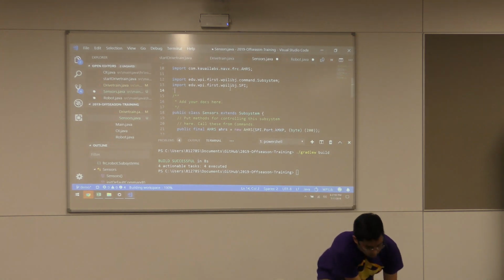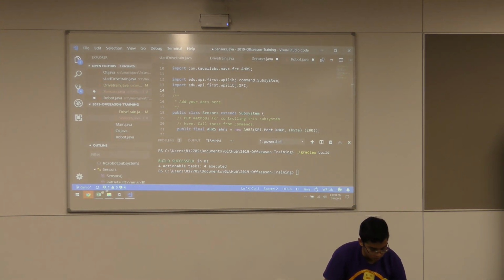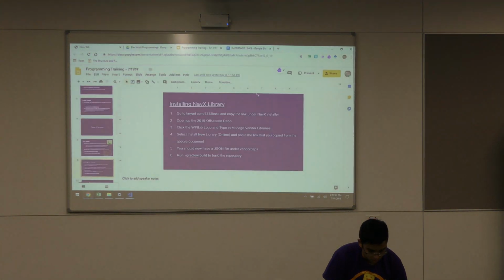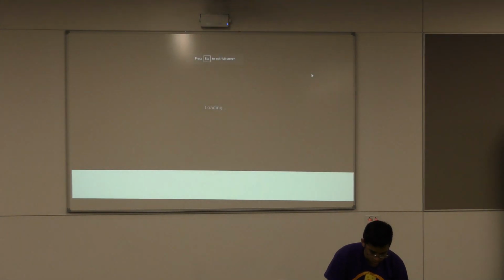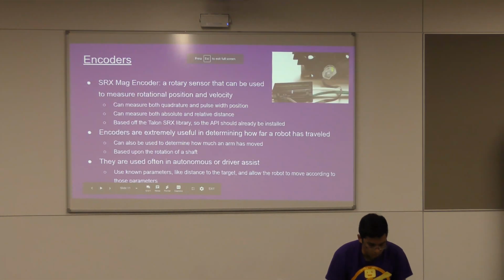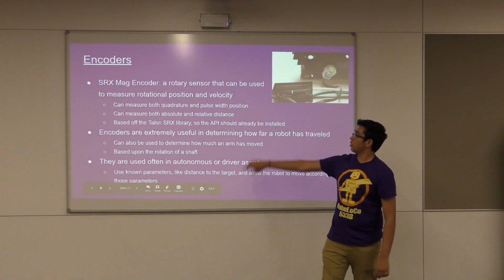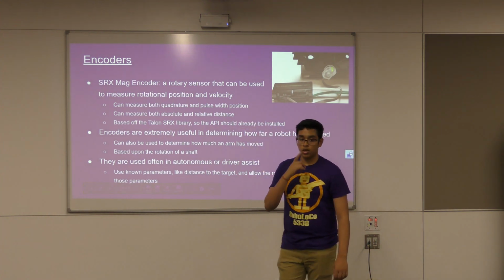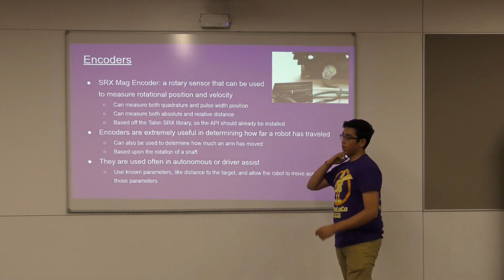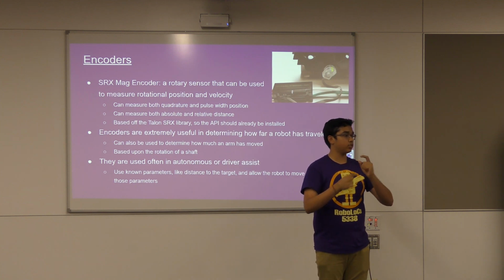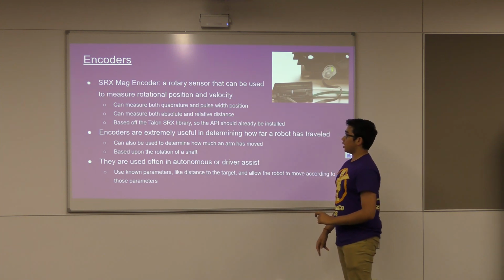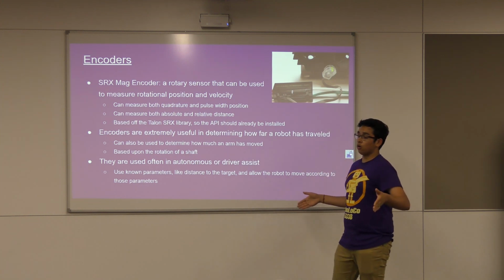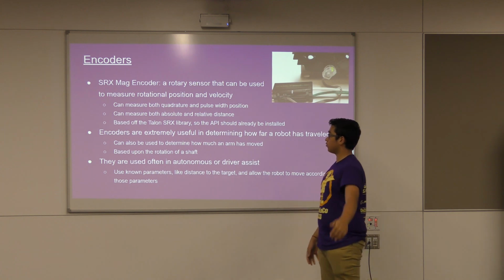Another important sensor that we use very often is encoders. We use something called SRX encoders, and what they do is measure how much a shaft has rotated. They allow us to determine how far we've traveled.